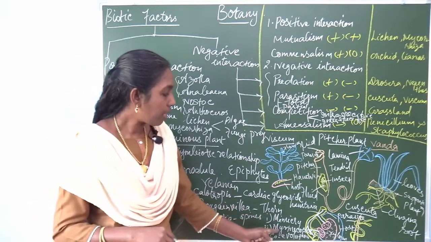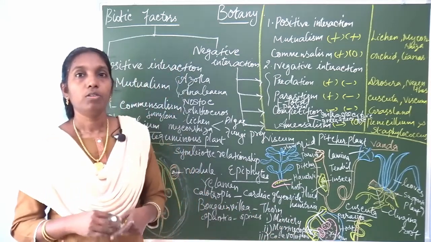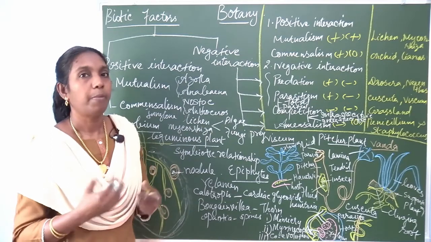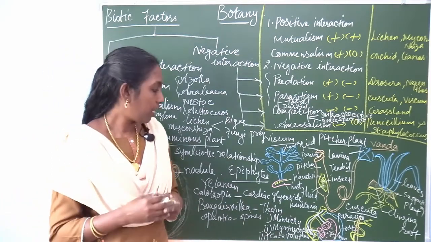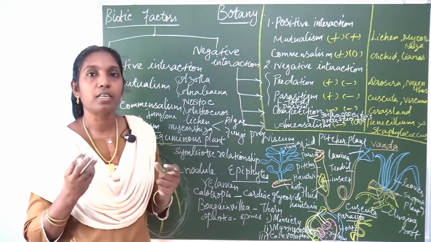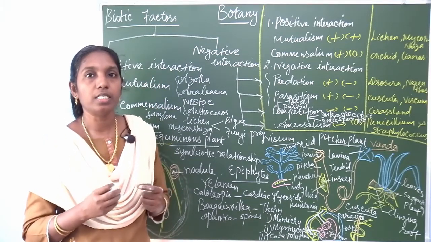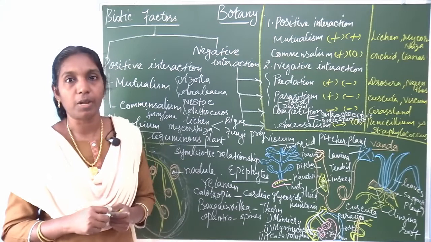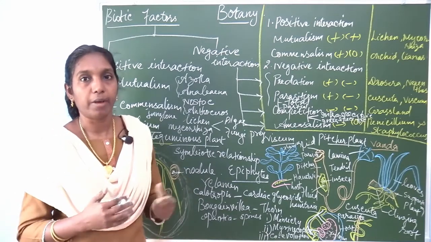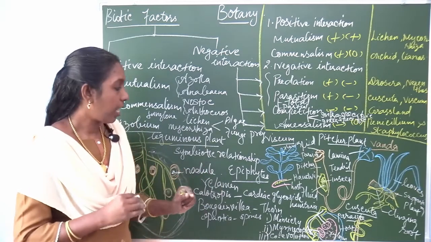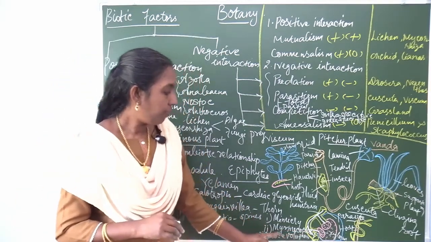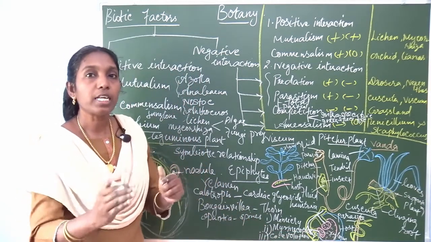Another example is myrmecophily. Certain plants, mango, litchi and some others, give shelter to ants. Mango is a very common plant, and you may see ants living there. These ants protect the plants.